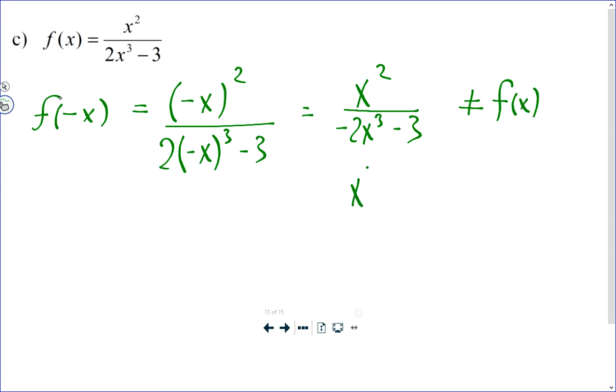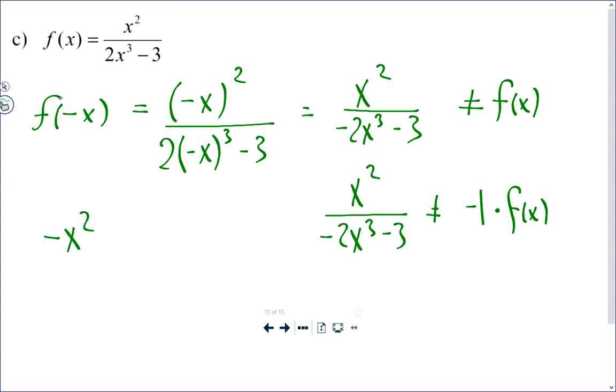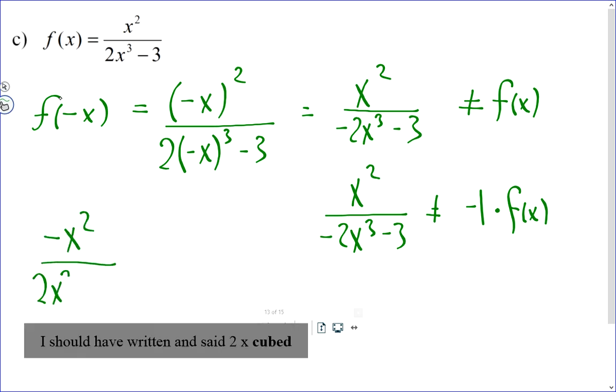Is x squared over negative 2x cubed minus 3 equal to negative 1 multiplied by the original function? Well, no. Negative 1 multiplied by the original function would be negative x squared over 2x cubed minus 3. And even if you decided to multiply that negative 1 by the bottom instead of the top, you're still not going to get what we got, which was x squared over negative 2x cubed minus 3.